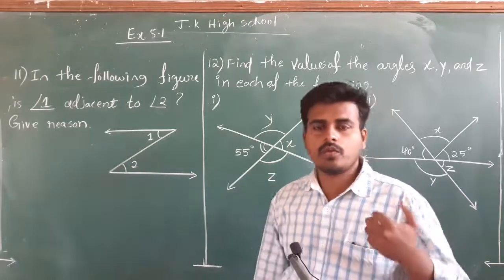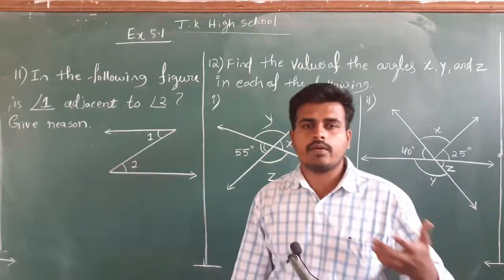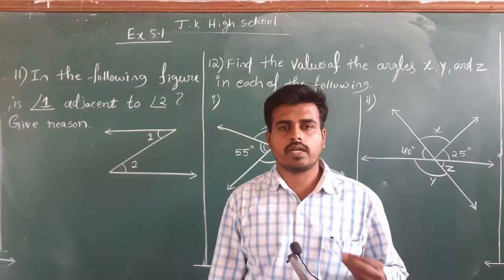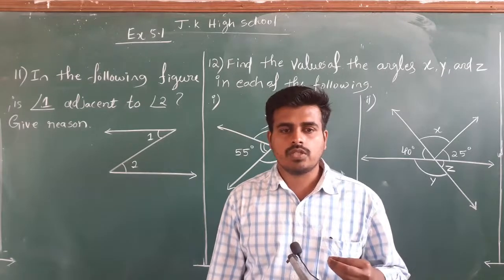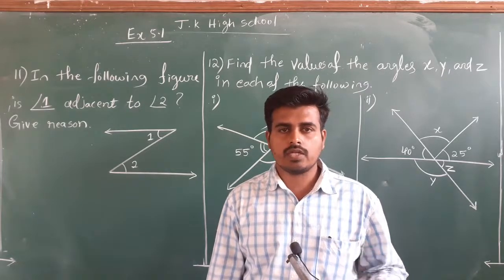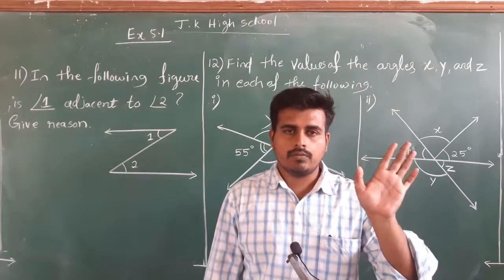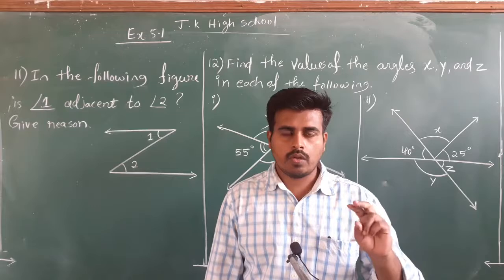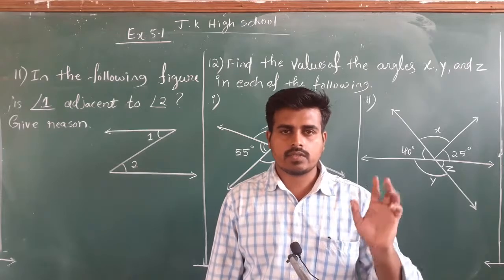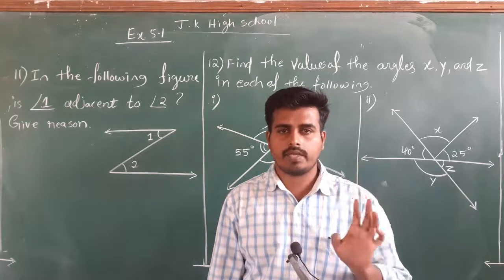What do you mean by adjacent angles? In every question I repeat the conditions which two angles need to meet to be called adjacent angles. First condition: they should have a common vertex.